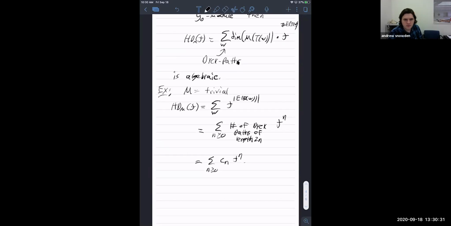Can I ask one more question? Yeah. So this Catalan example is like square root of 1 minus 4t squared or something. Something like that, yeah. Do you know an example where you get something algebraic that's worse than square root? That is a great question. Actually, my impression is that the answer is going to be no. I think square root is going to be the worst.